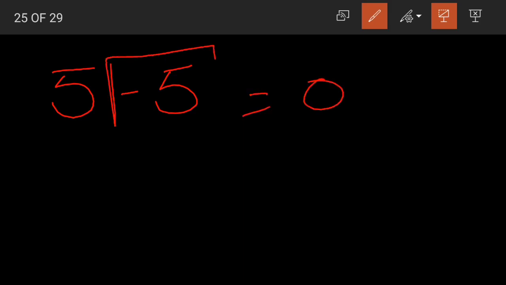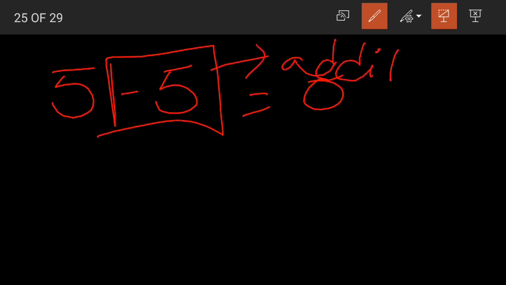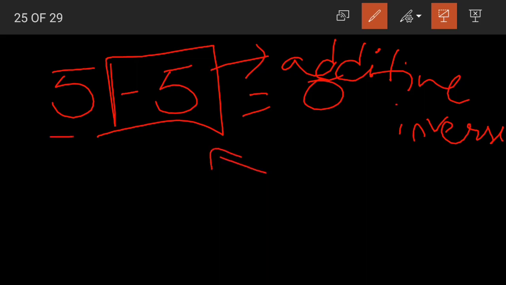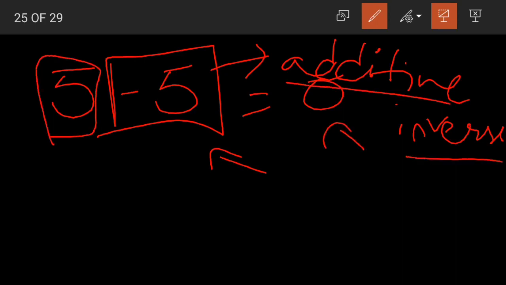Now this minus 5 here becomes what? This becomes the additive inverse. What is this, class? This becomes the additive inverse. When I add something to the given integer and the answer is 0, then it is called its additive inverse.